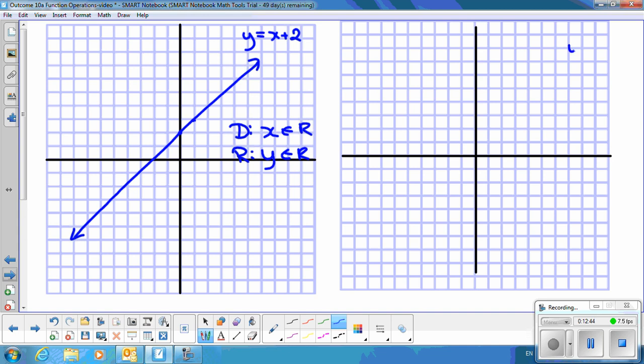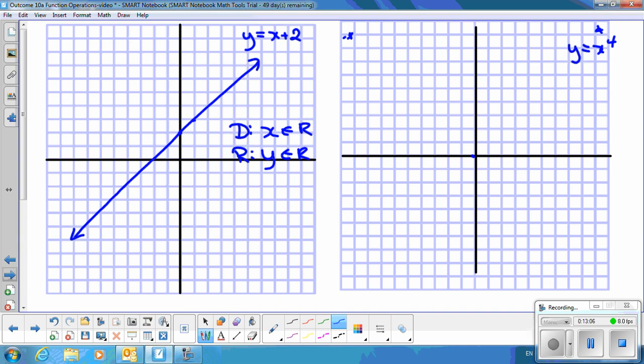Our last graph was the equation y equals x to the power of 4. So x to the power of 4 is a polynomial function that will look like y equals x squared. It's going to start in quadrant 2, end in quadrant 1. It has an x-intercept at (0, 0), and it's going to flatten out as it gets there.